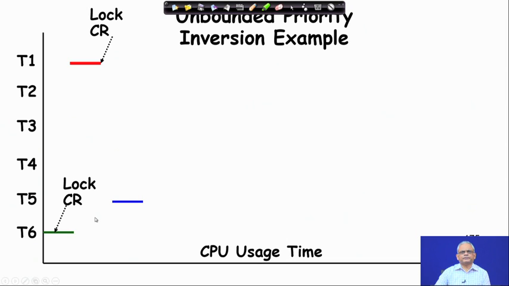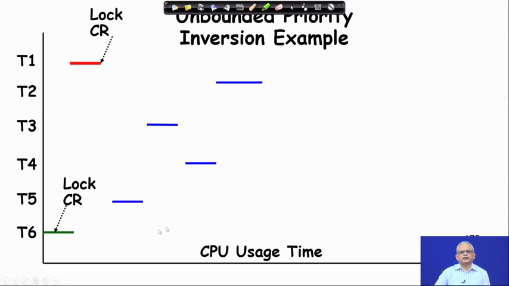So, first T 5 became ready, and then as soon as T 1 blocks for the critical resource, T 5 starts executing, but after some time T 3 becomes ready and it starts executing, and after some time T 4 becomes ready, it starts executing, and T 2 becomes ready, starts executing, and again the next instance of T 5 becomes ready, starts executing, and so on.